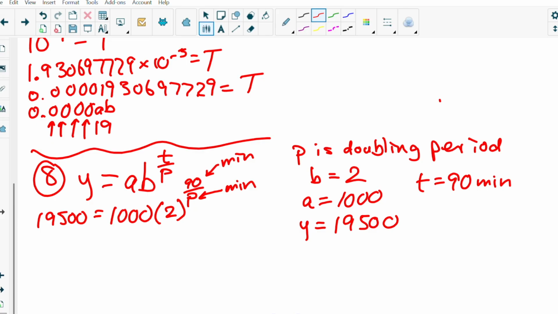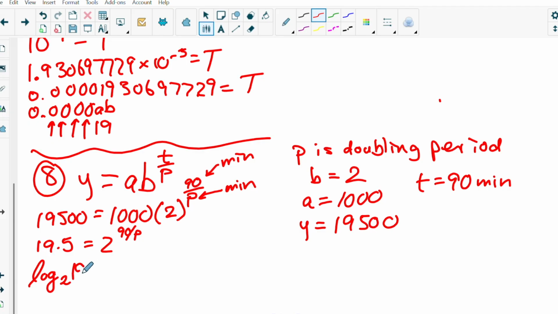Okay, so when I evaluate this, I'm going to divide both sides by 1,000. So that's 19.5 equals 2 to the 90 divided by p. Let me convert this to logarithmic form, which will bring the exponent down. I take the base of the exponent, which is 2, log base 2.